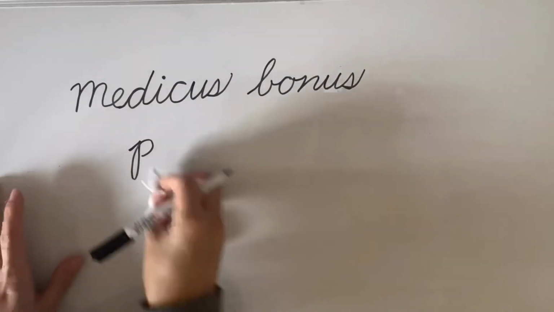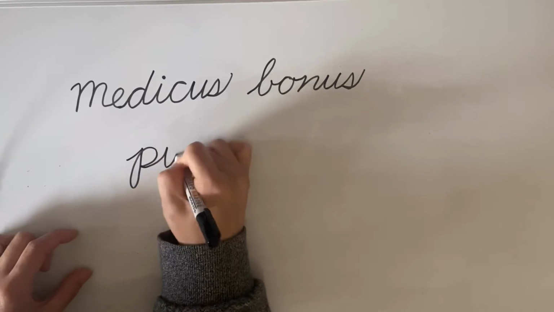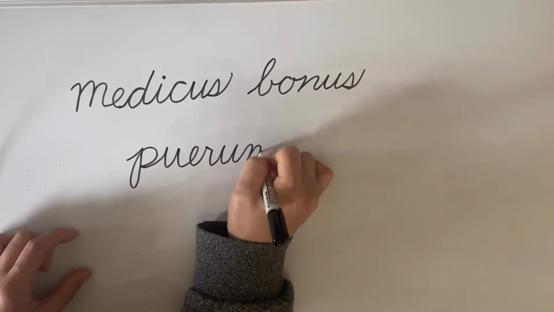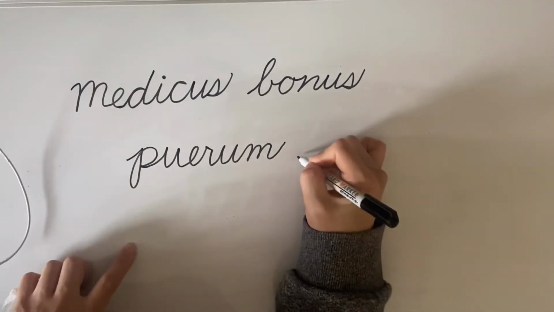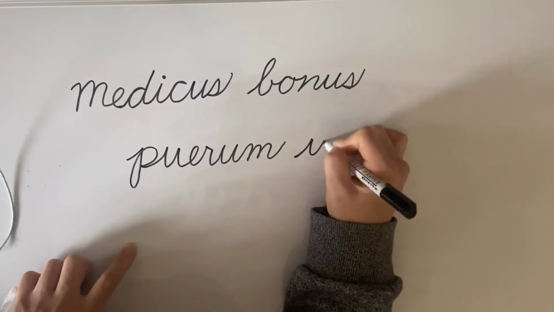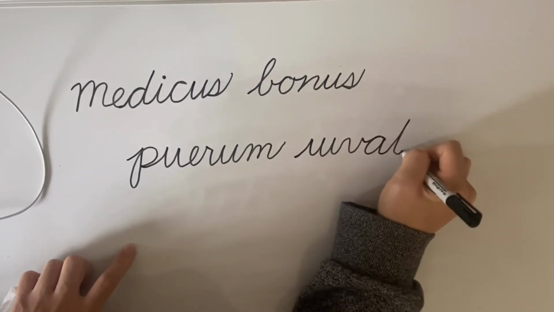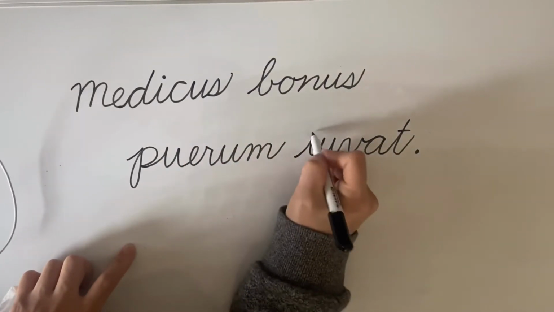Let's write that on the bottom. Puerum. And I think I hear someone already translating it as I'm writing. So I have a sentence that says medicus bonus puerum iuvat.